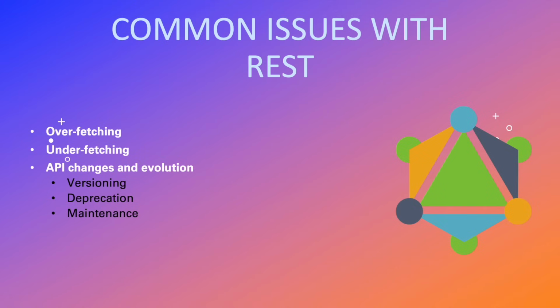Underfetching. There might be a situation that one platform requires some data, but it is not there, as that service has been serving the other platform with a specific set of data, and that's underfetching. API changes and evolution. With REST, you always have to maintain the versioning and the deprecation of the REST APIs. This is not the case with GraphQL. It's one single endpoint.